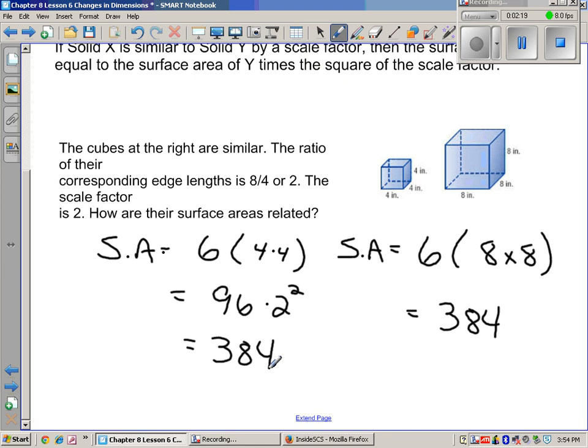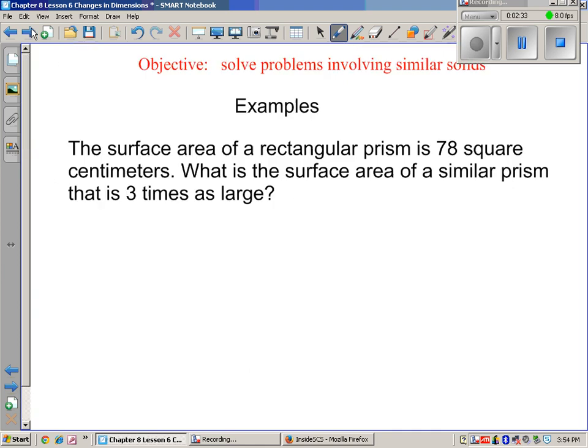So can you find the surface area of any similar figure? Just take the surface area of the one times the scale factor squared, and that will give you the surface area of the other figure. Let's move on to an example. The surface area of a rectangular prism is 78 square centimeters. What is the surface area of a similar prism that is 3 times as large?